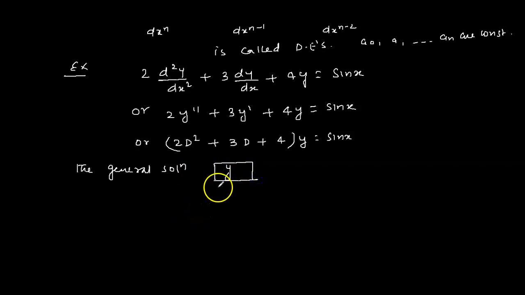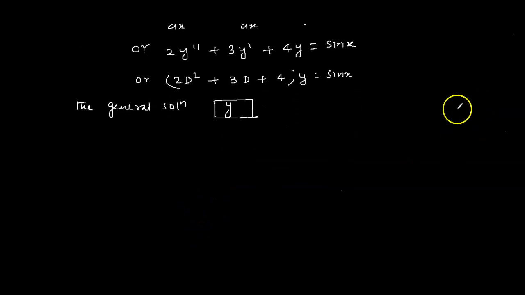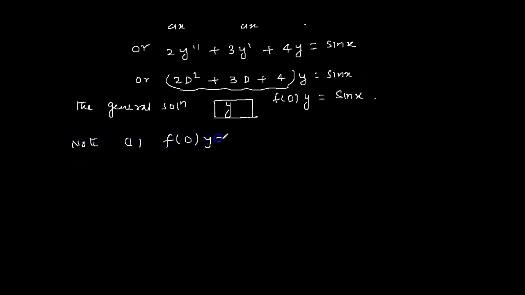How will you find it? That we are going to study here. Let's consider any differential equation is given. This is your f of d of y is equal to a right hand side function, like sine of x. If the right hand side is given as 0, that is called a homogeneous differential equation.